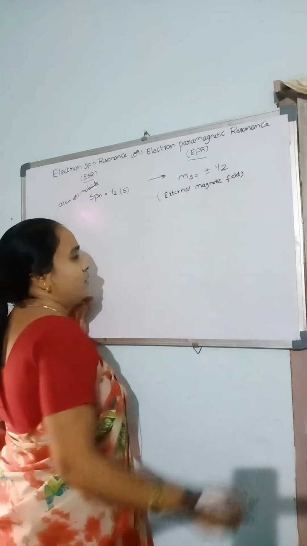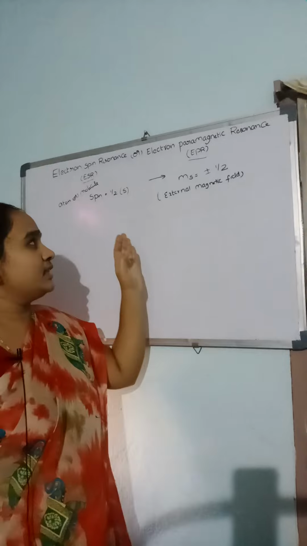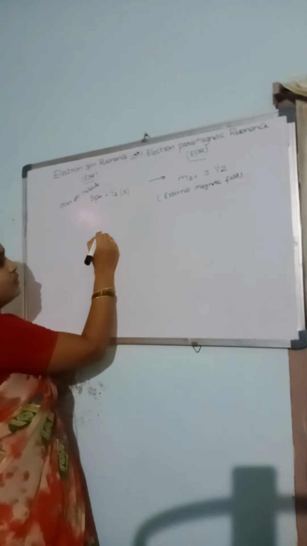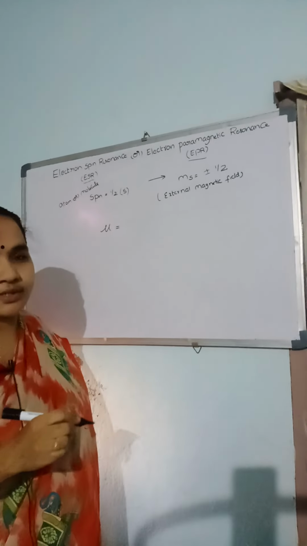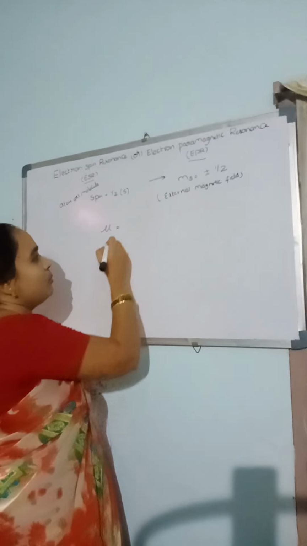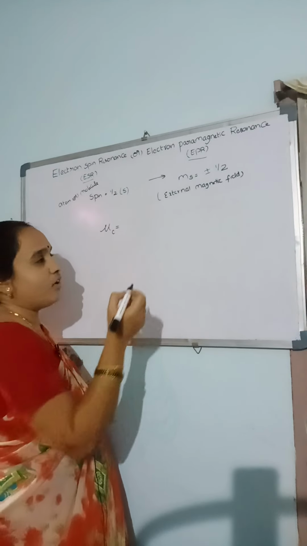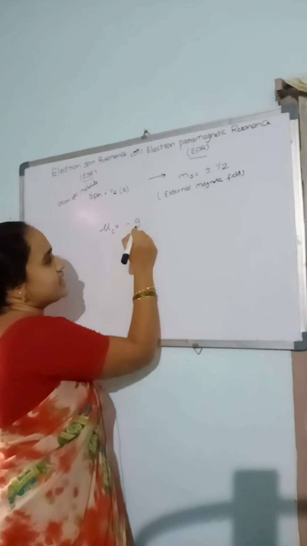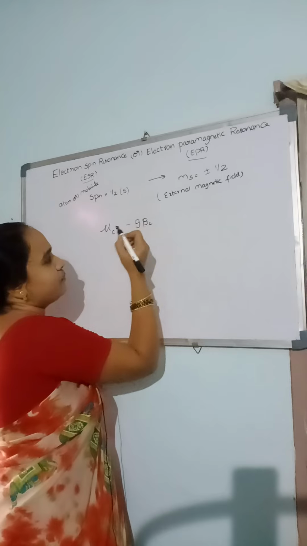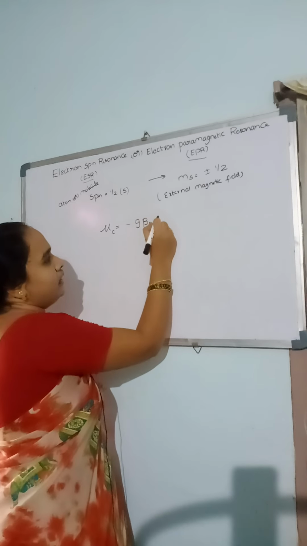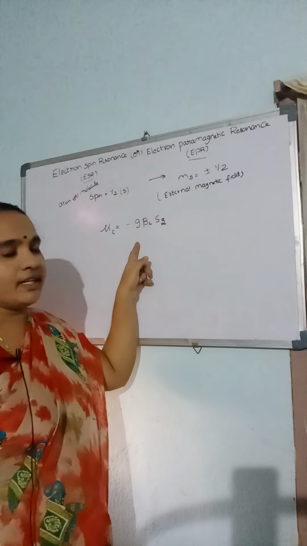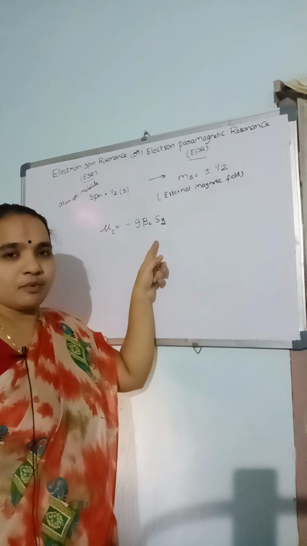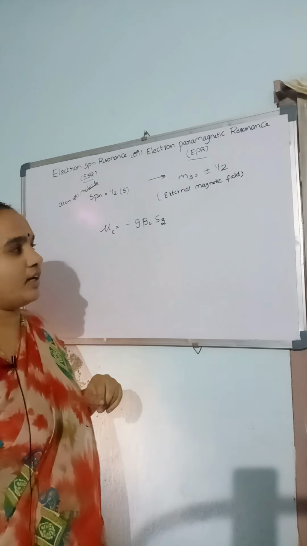So what is happening when this atom is placed in an external magnetic field? We all know that every spinning particle possesses a magnetic dipole moment. For the electron we have already calculated it as minus g beta e into Sz, where g is the Landé splitting factor, beta e is the Bohr magneton, and S is the spin quantum number.